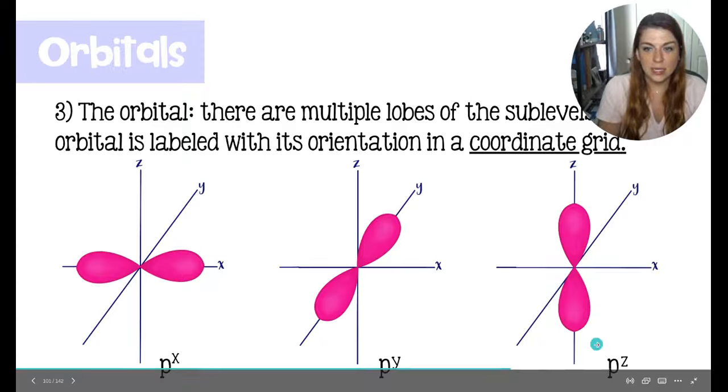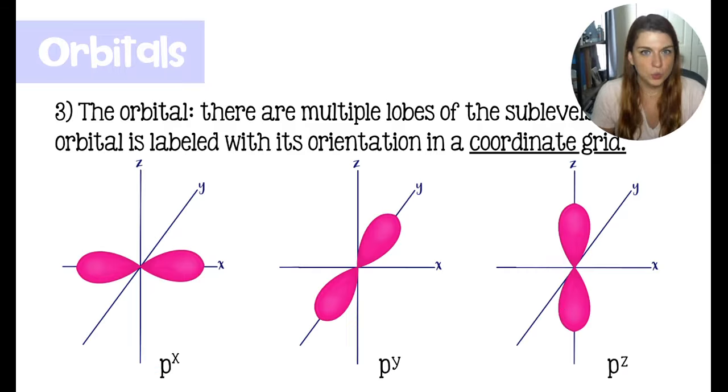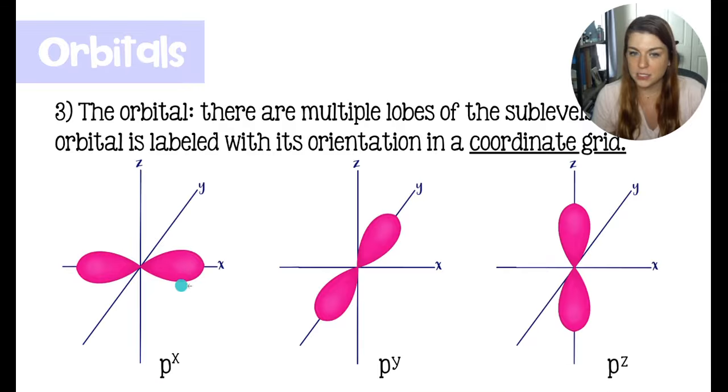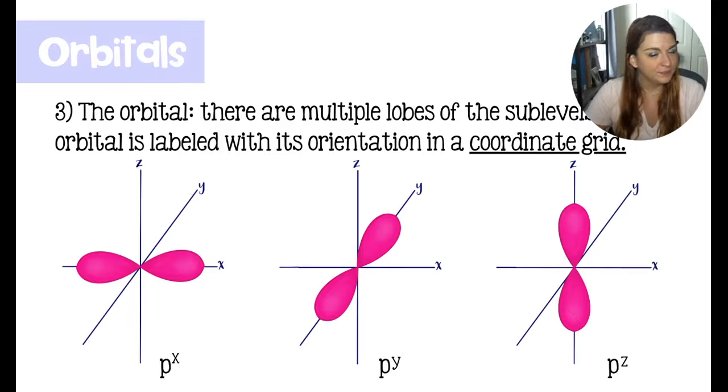And then we have pz, which is the p orbital that goes up and down. Now we can have 2 electrons fit in each orbital. So we can have 2 electrons in px, 2 electrons in py, and 2 electrons in pz. This totals 6 p electrons. Your p electrons can be in periods or in energy levels 2 through 7.